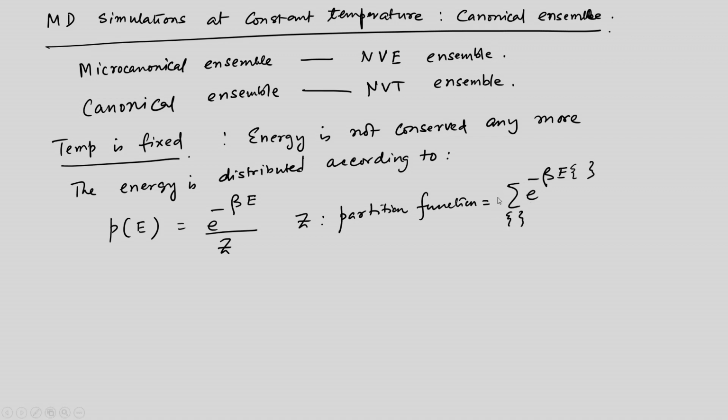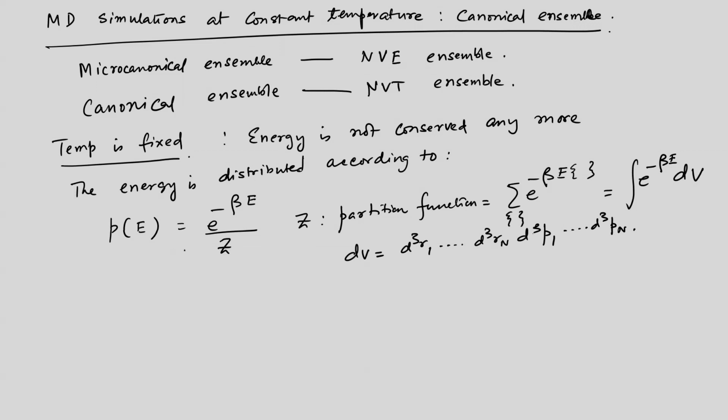So we will have to sum over all these degrees of freedom, or one can write it a little more cleanly using an integration sign for a continuum system, where dV is actually a phase space integral. It is a 6n dimensional integral. So this is d^3r_1 through d^3r_n and d^3p_1 through d^3p_n. Okay.